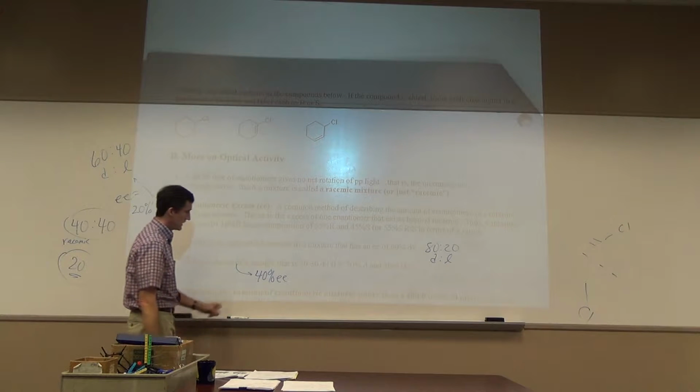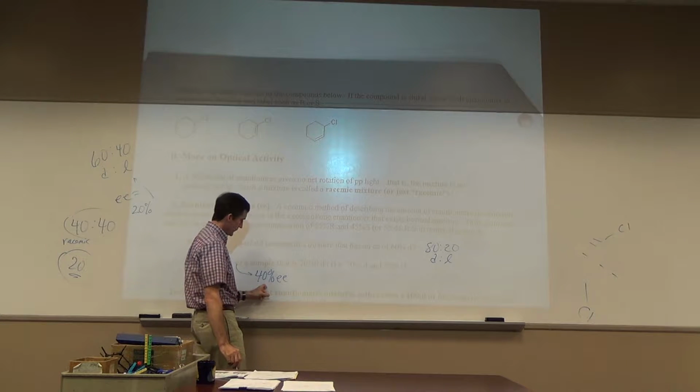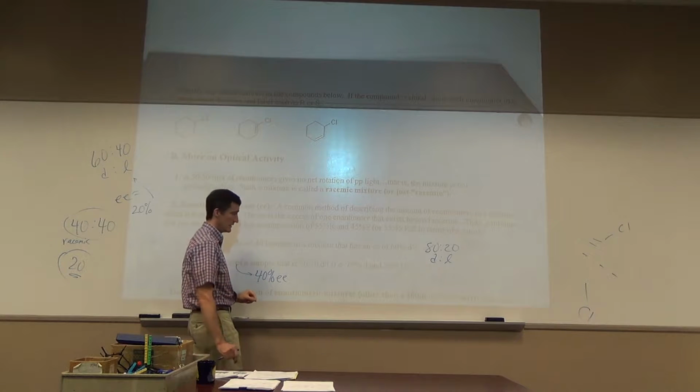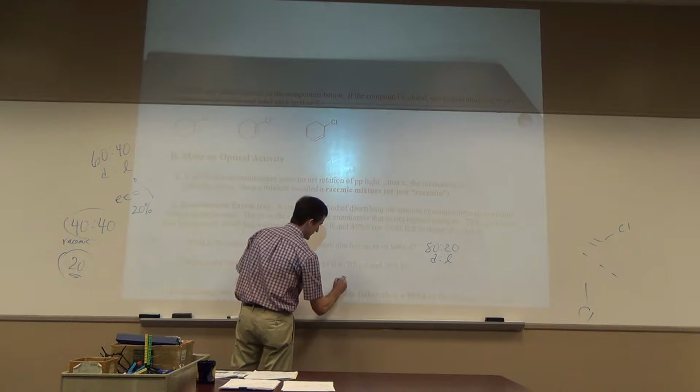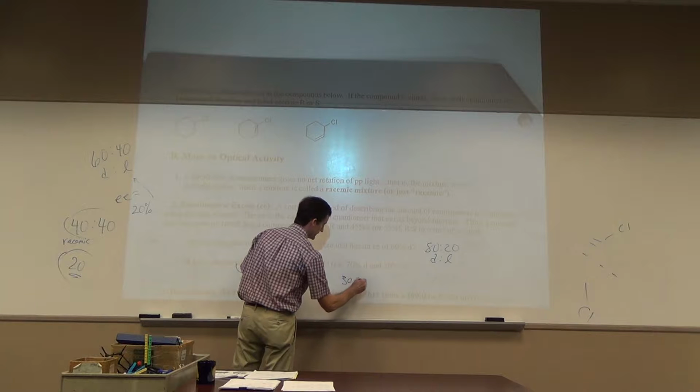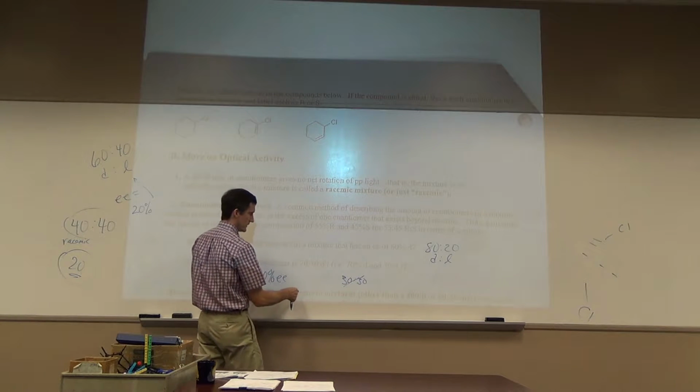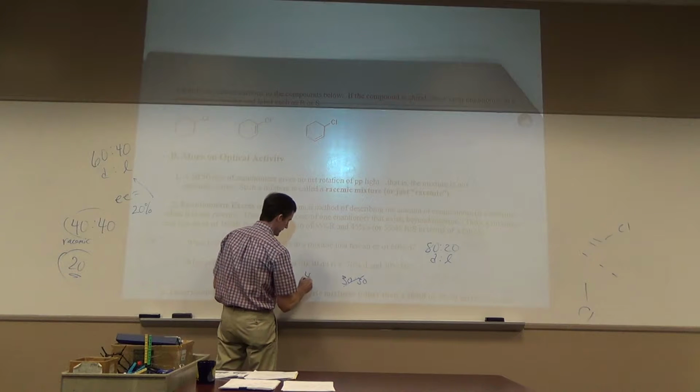If we go backwards, 40% is what's left after the other 60% is racemic. So it's like 30%, 30% cancels. And cancels, what are you left with? You're left with 40%.